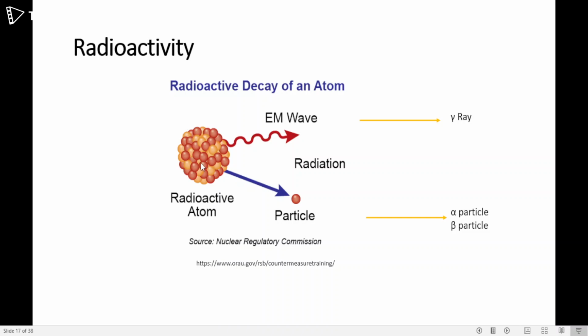If the combination of the number of protons and neutrons is unstable, it creates an unstable nucleus, and there is an excess of energy which needs to be released out of the nucleus in the form of electromagnetic waves, gamma rays, or particles, alpha particles or beta particles.